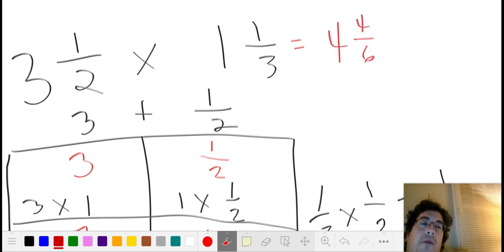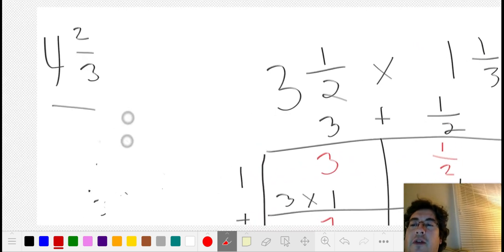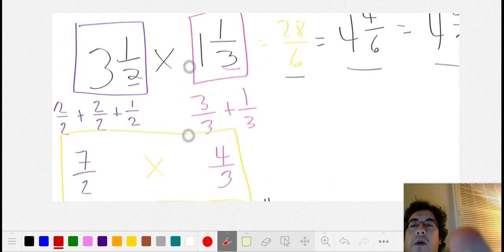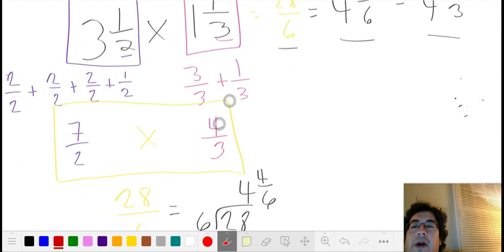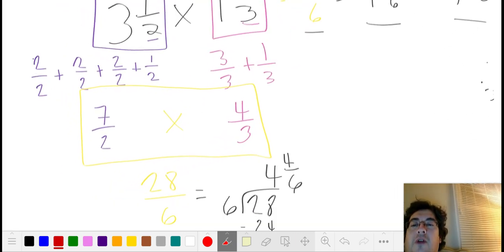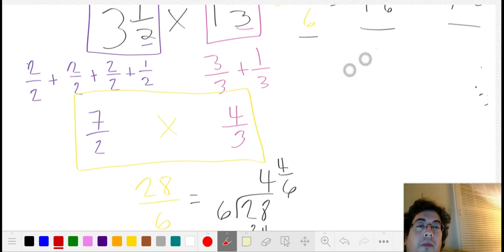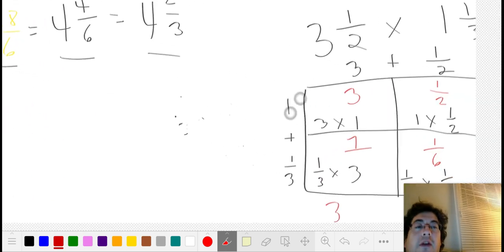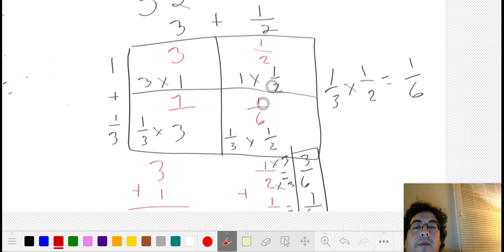And this should look familiar because that's the same product we got when we multiplied 3 1/2 by 1/3 over here using improper fractions. So no matter which way you choose, you can still get the correct answer.